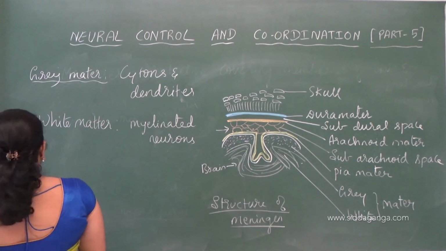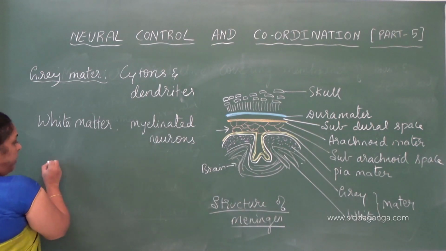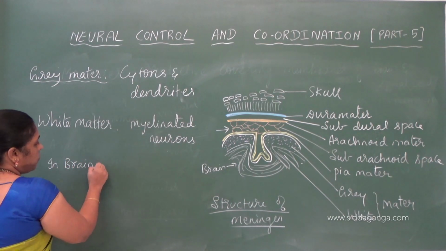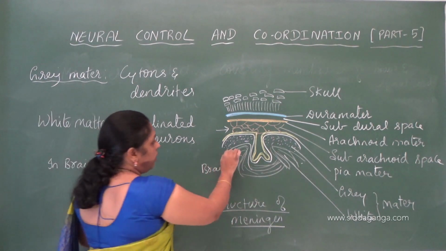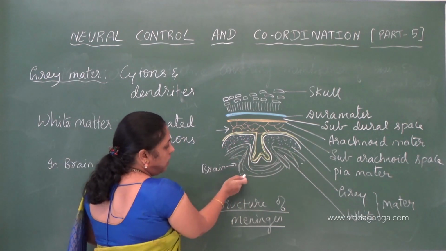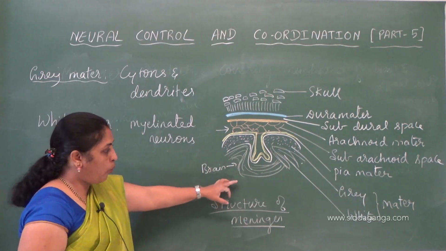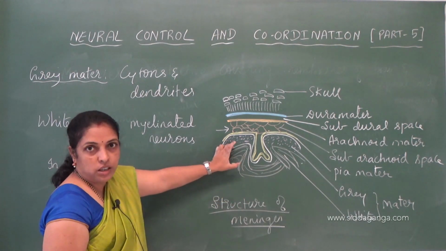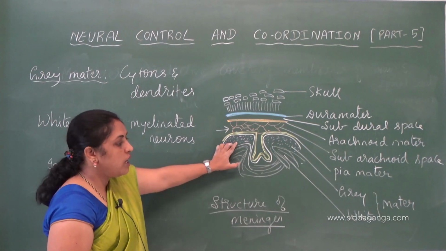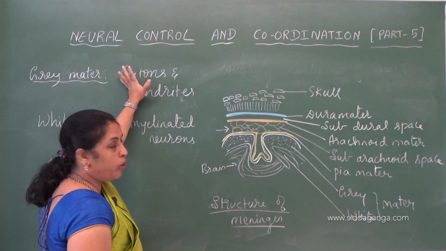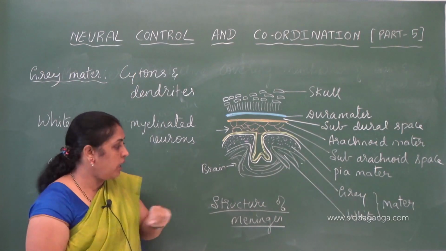What you have to remember is that in the brain, in the outer cerebral cortex, we see grey matter and inner we see white matter. So in the brain, the outer part, the cerebral cortex, has grey matter, which contains cytons or cell bodies and dendrites of nerve cells.